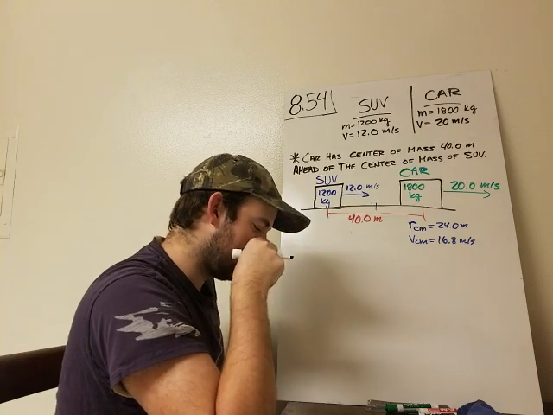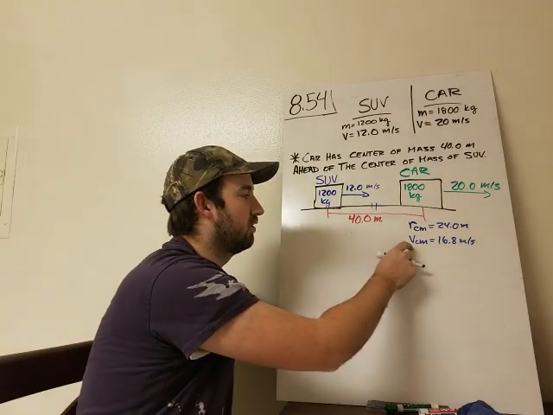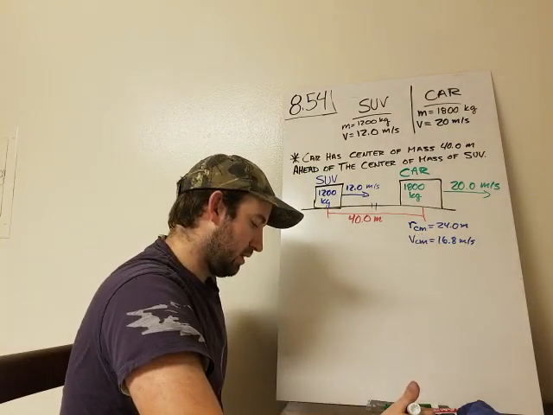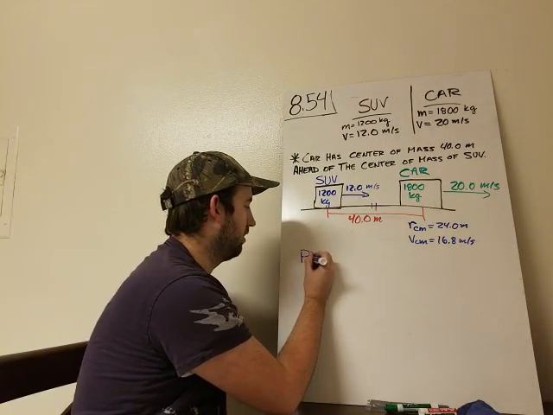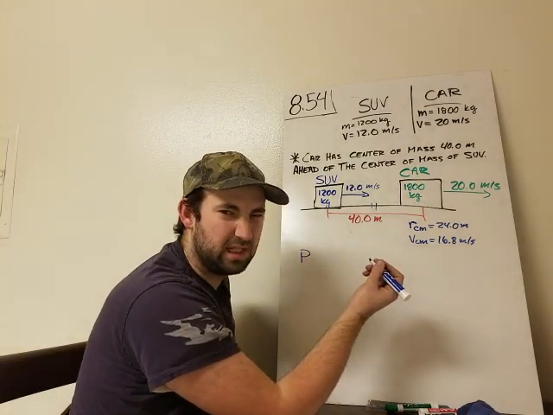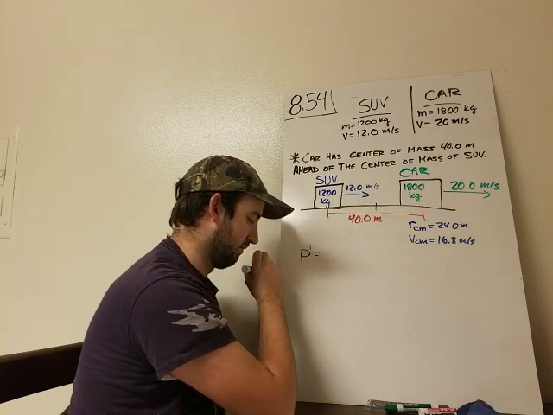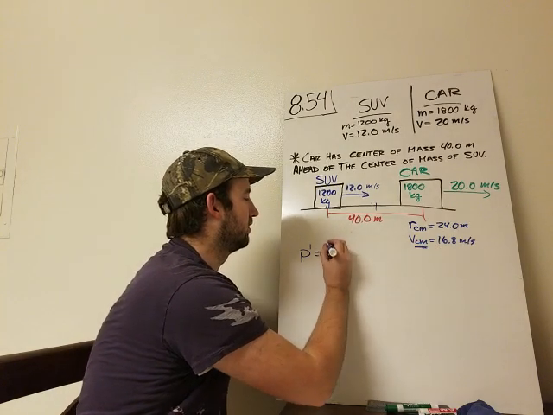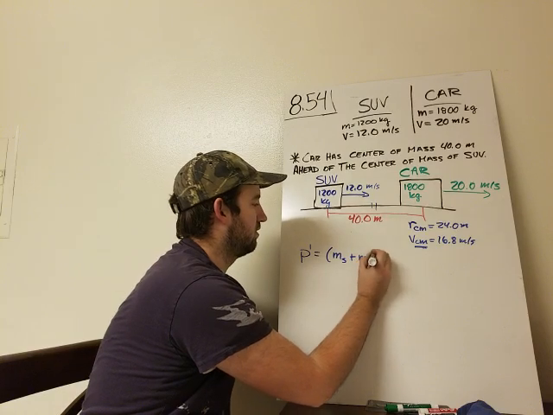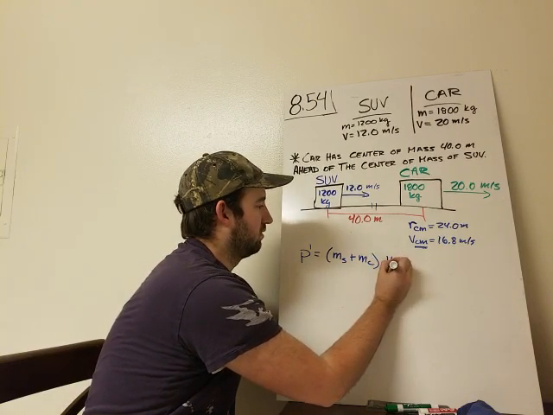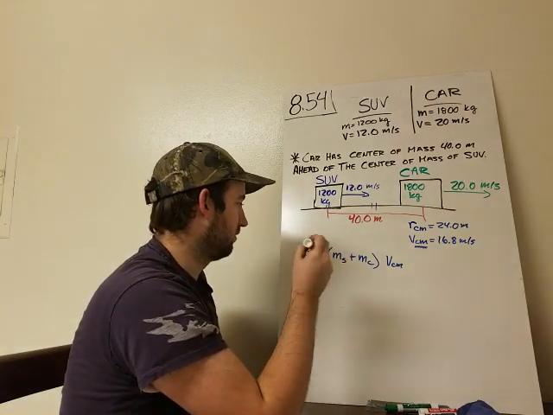Now part D wants to know, it says find the system's total momentum by using the speed of the center of mass. So we know the speed of the center of mass, and we're going to do the same thing as before. So we'll say P prime, because we already used PT, is going to equal, since we're using the same velocity, MS plus MC times V sub C. And then we'll plug that in.